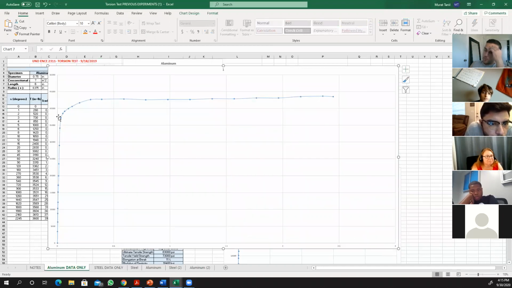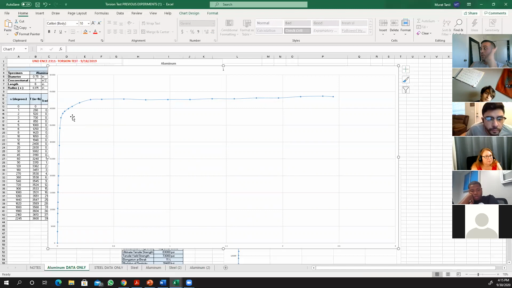Okay, so intuitively you can say that this elastic region ends somewhere around here, because it's leaving the linear portion, the first degree plot, and going to a second degree plot right here. You see the slope is changing, and then you have the plateau.